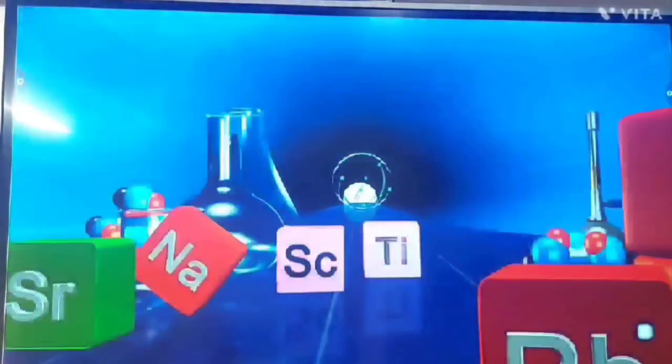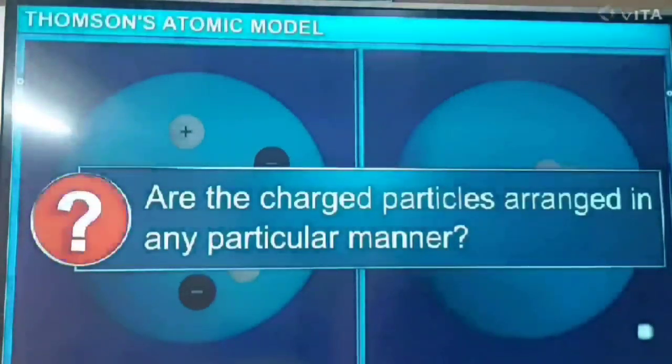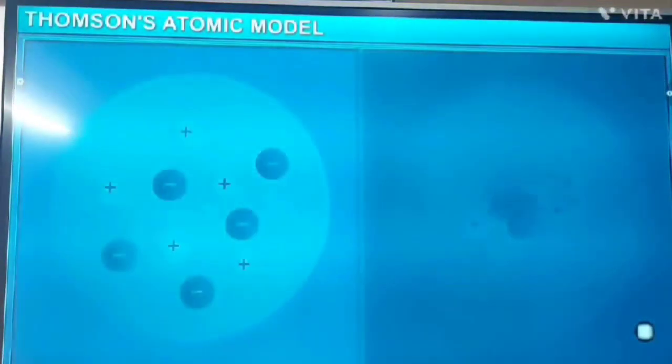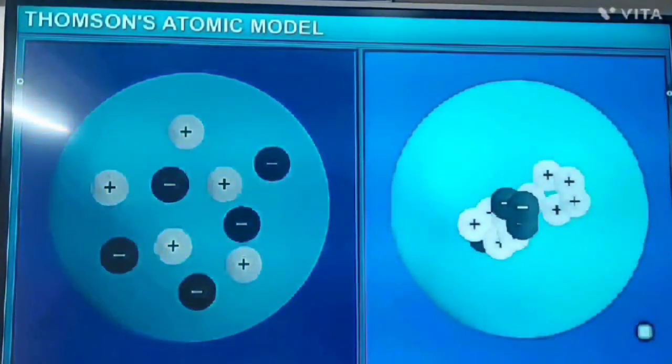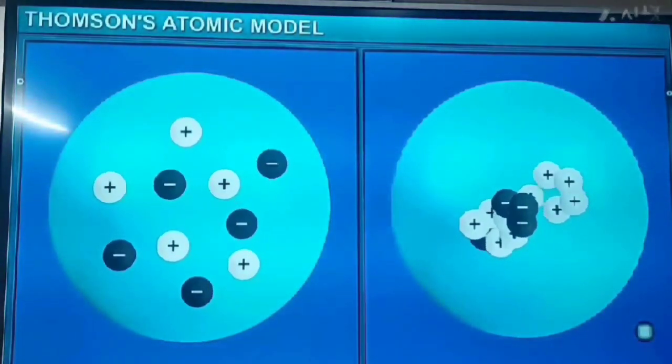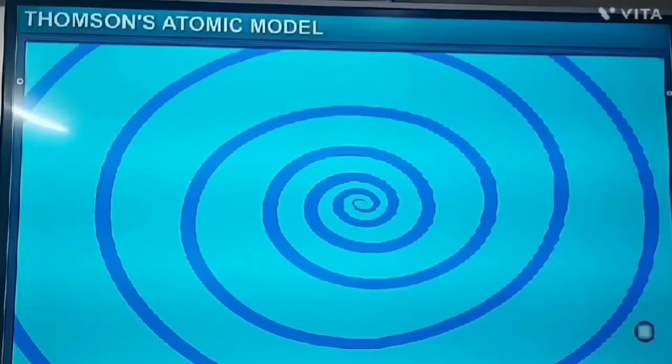In this module, you will learn about Thomson's atomic model. Are the charged particles arranged in any particular manner? Are the charged particles spread throughout the atom? Or are they concentrated in one place? To answer these questions, let's go back in time.